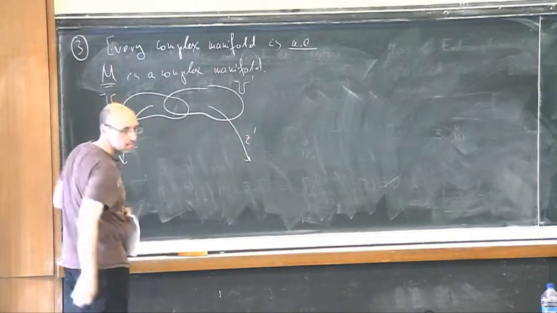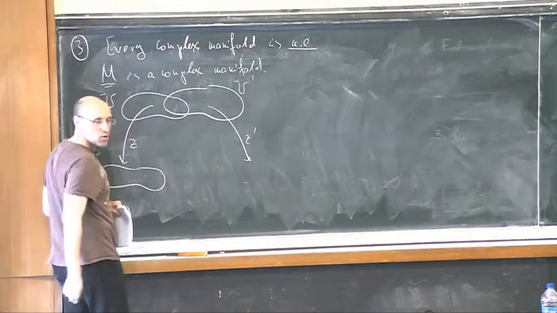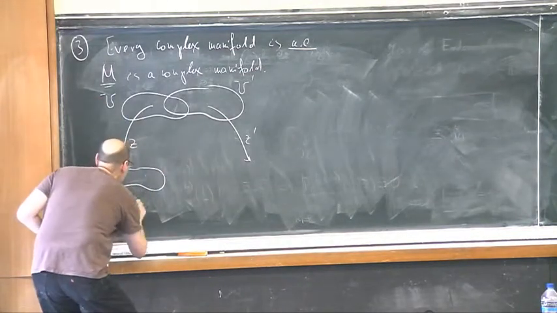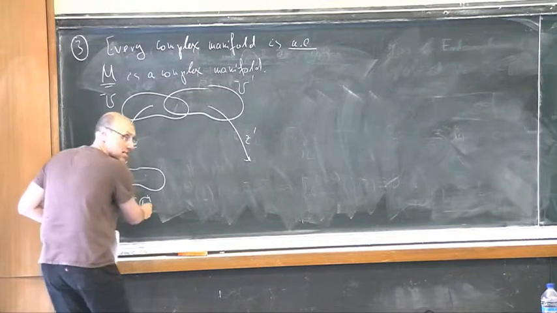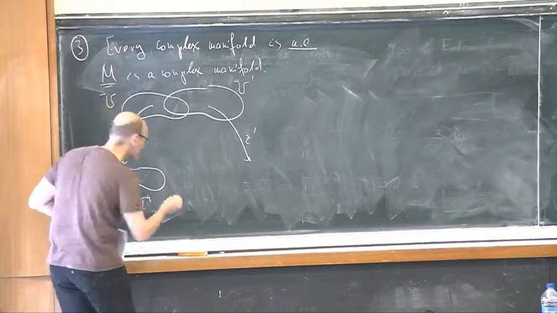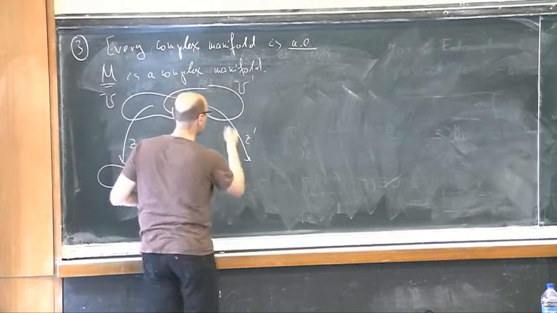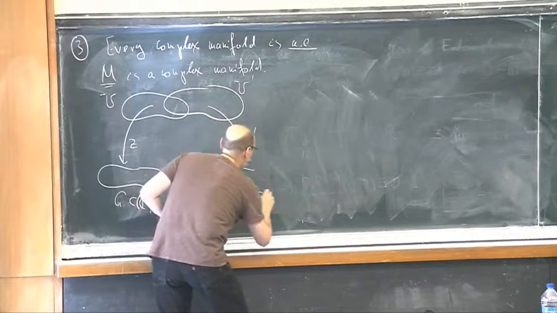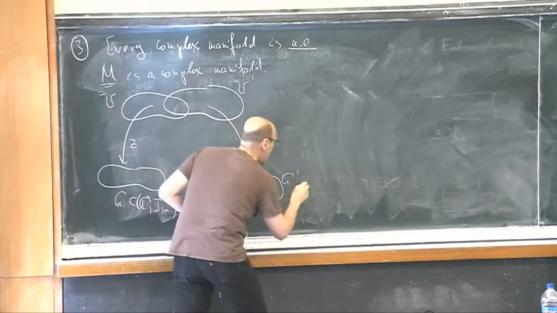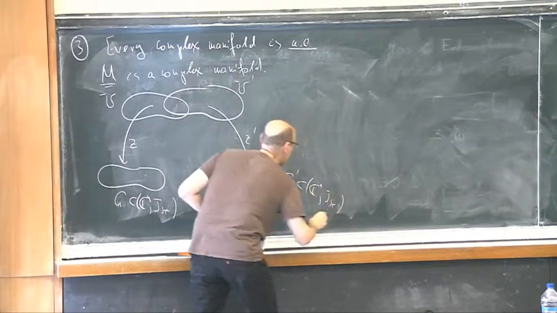And Z is a diffeomorphism from U to some subdomain G of Cn with the standard structure, right? Because this is a usual complex manifold. And this is a diffeomorphism to some domain G prime in Cn, also with the standard complex structure, right?